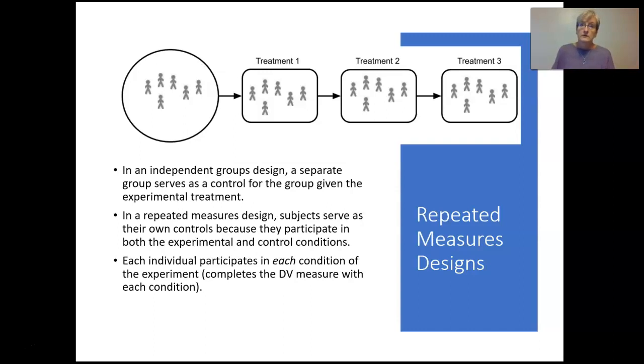Depending on their start position, some participants started with the weighted blanket first, other participants started with just a sheet first. But regardless, all participants had measurements taken of the dependent variables, both with the blanket and without the blanket. So they did start point measures, then with the blanket, then without the blanket. Some of the participants started with the sheet, then did the blanket. Other participants started with the blanket, then did the sheet.